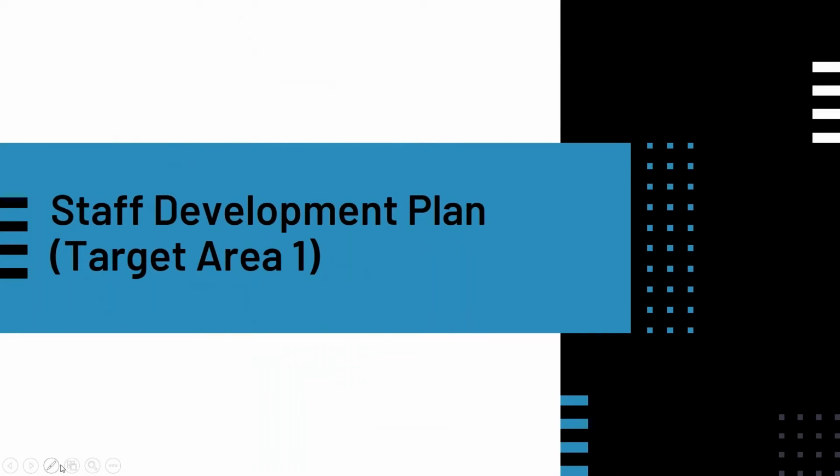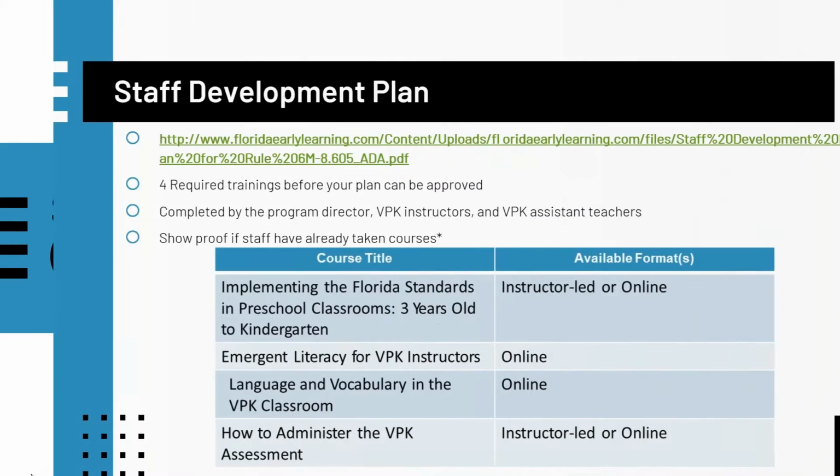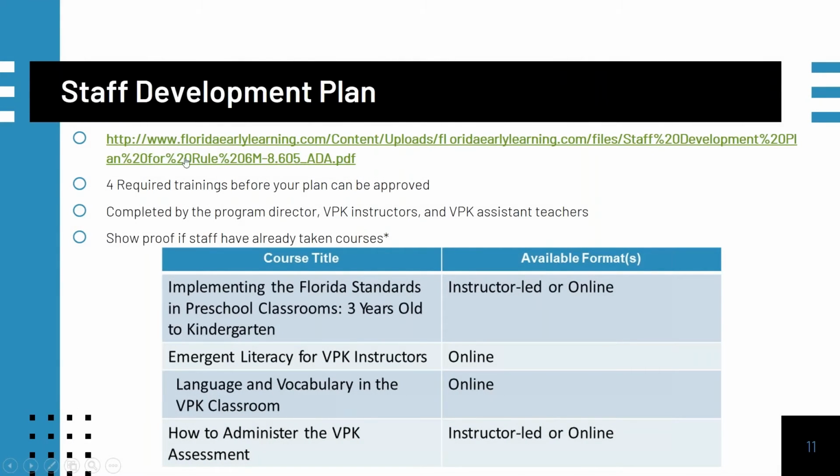Okay. Staff Development Plan, your second option for Target Area 1. The link we have here is where you could go to get all of the documents for the Staff Development Plan. They are included in the handout section as well, so we do have that to share with you.